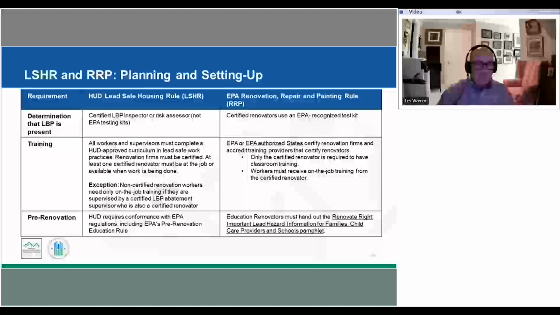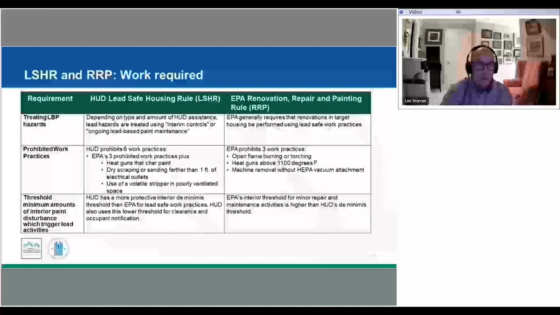We talked about following the EPA's pre-renovation education rule, which applies for both the EPA rule and the Lead Safe Housing Rule. The treatment of lead-based paint hazards under the Lead Safe Housing Rule is going to be determined by the activity you're completing.